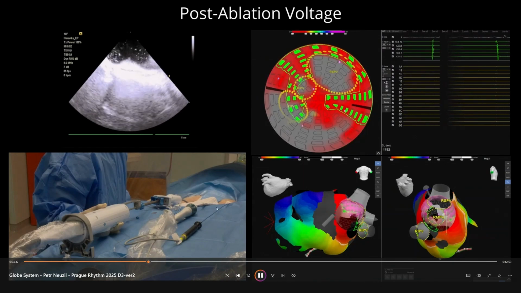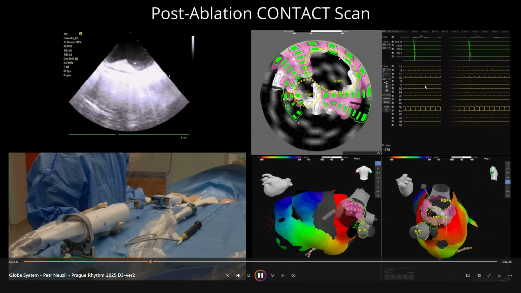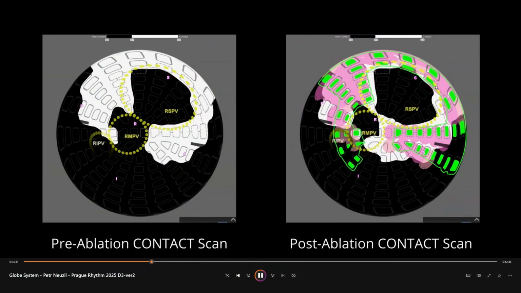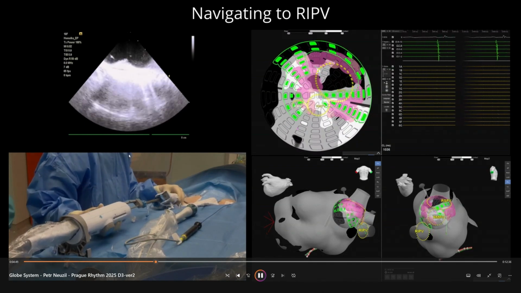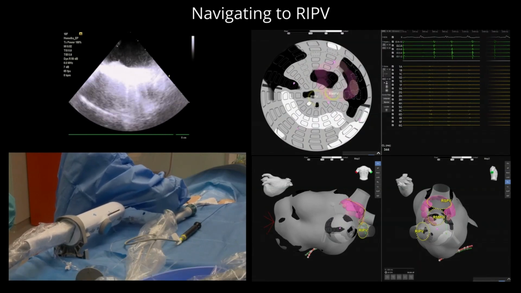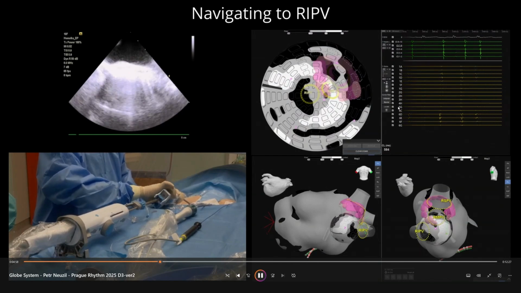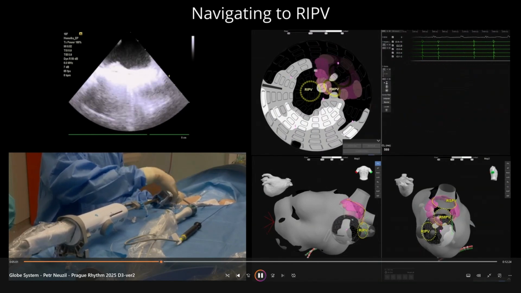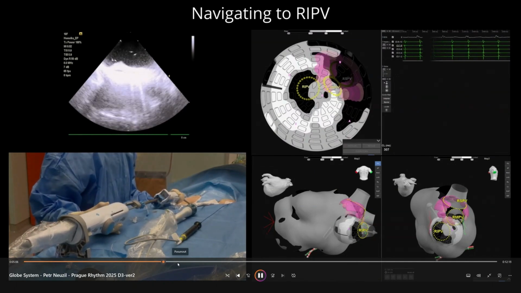After pulsing, you have immediate information, not about the potentials, but you have voltage information, and we can discuss how predictive that information is. This is a pre-contact scan map, which is very important so that you can be really in good contact, excellent contact, I would say, and you can visualize the orifice of the vein.